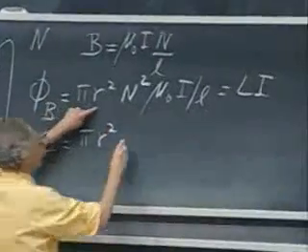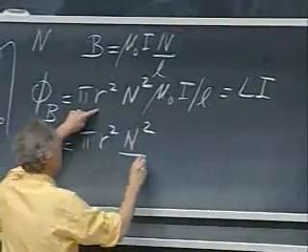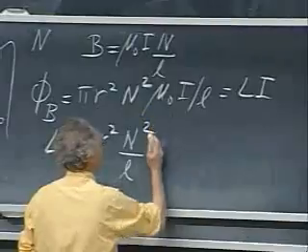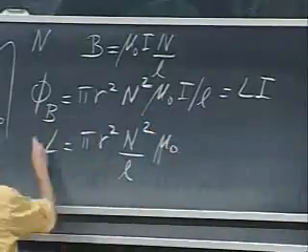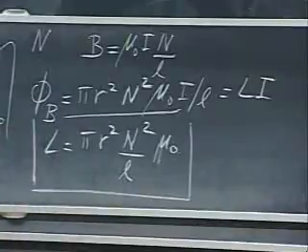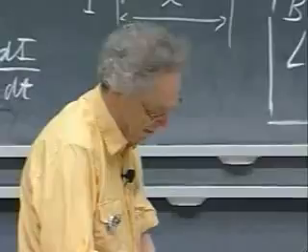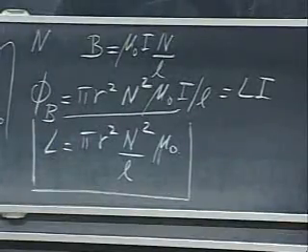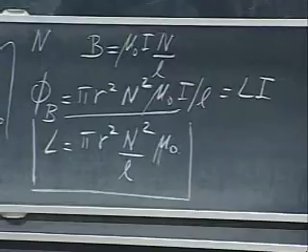It's pi little r squared, capital N squared, divided by l times mu0. Let me check this. Pi little r squared, I have a capital N squared, mu0. That's correct, divided by little l.